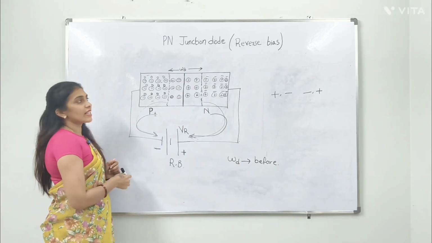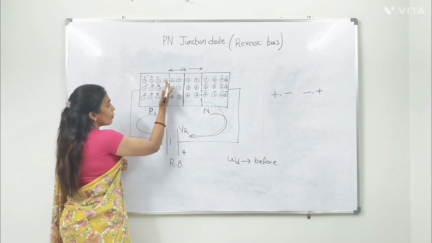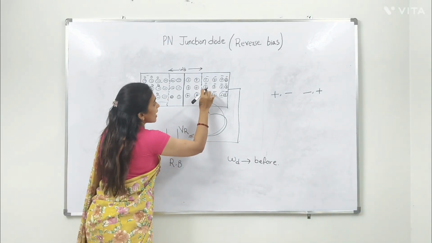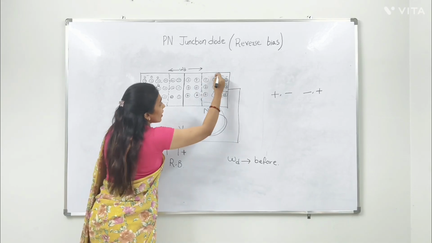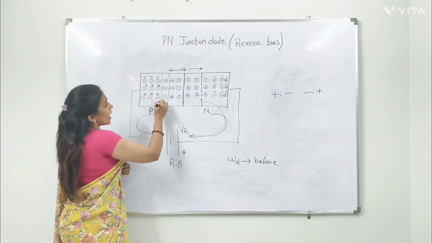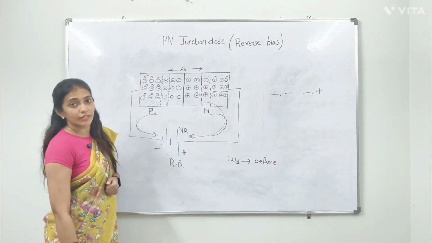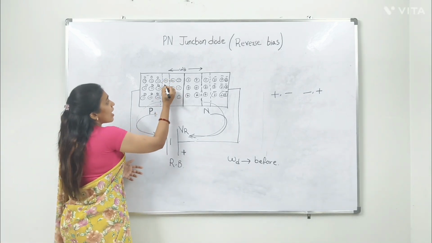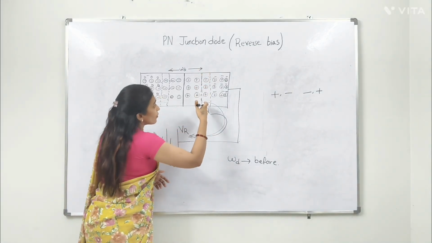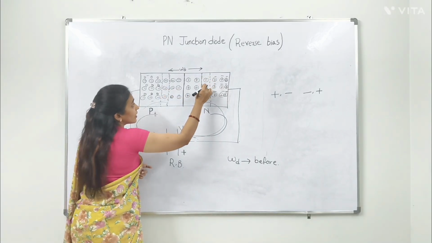But after reverse biasing, these holes are moving away from the depletion layer, and these electrons are moving away from the depletion layer. So now these immobile charge carriers are uncovered, because holes are left out from this line and electrons are left out from this line.